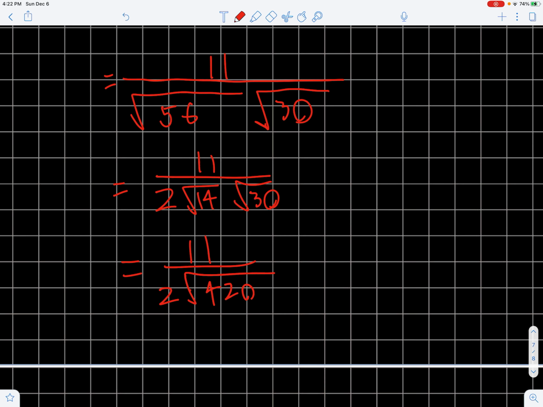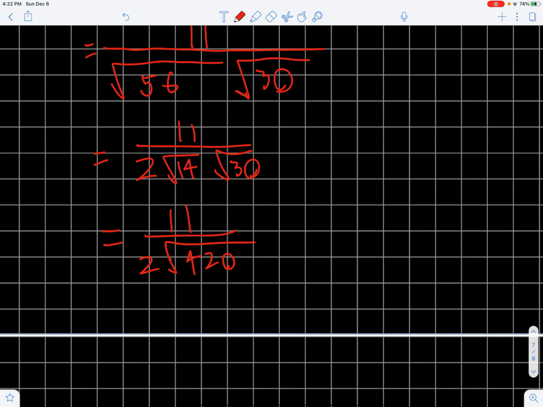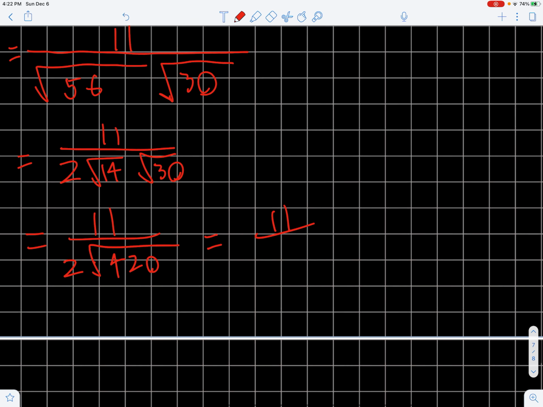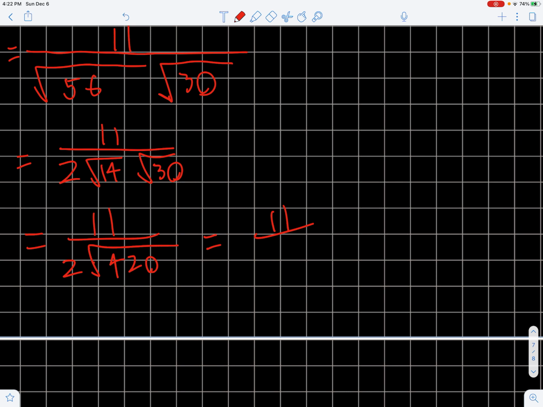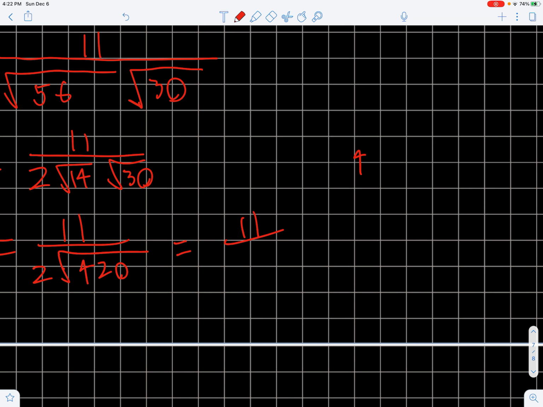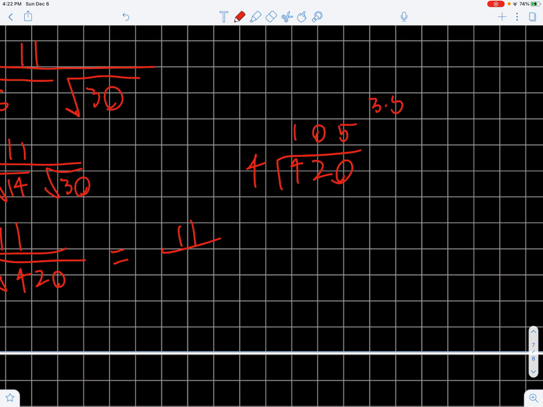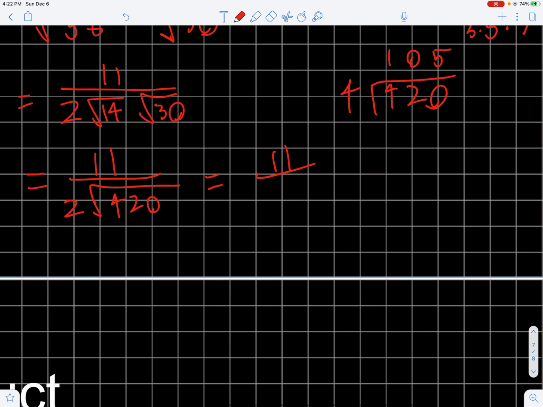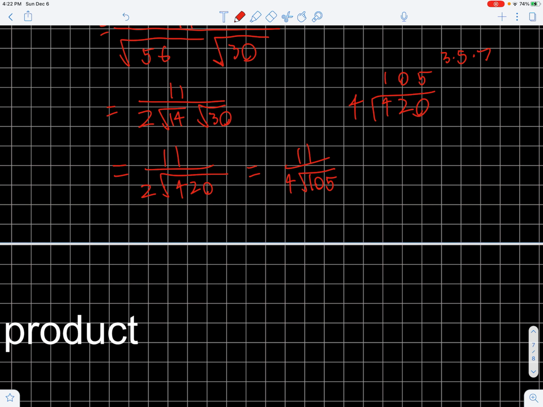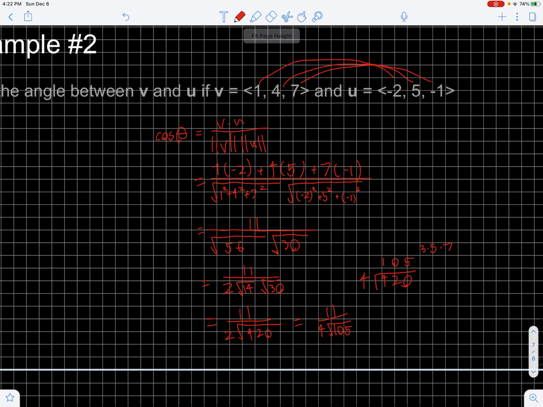So that's square root of 420, which is equal to 11 over then 420. Divide that by 4, we get 105, and that's 3 times 5 times 7. So there's nothing else in that, but we can take that out. So we get 4 times the square root of 105. Boom. All right, cosine theta equals 11 over 4 square roots of 105.